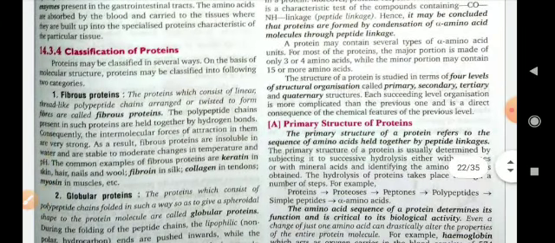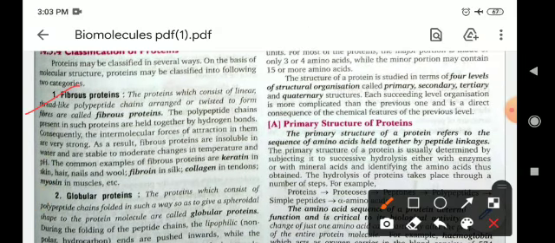Classification of proteins. Number 1, fibrous proteins: the proteins which consist of linear thread-like polypeptides arranged or twisted to form a fiber are known as fibrous proteins. For example, keratin in skin, hair, nails and wool, fibroin in silk and collagen in tendons.